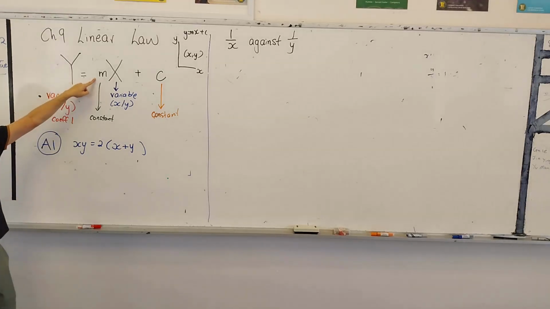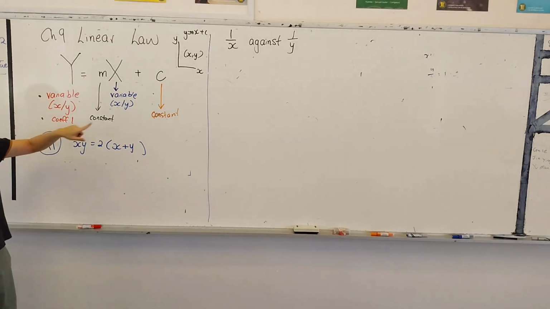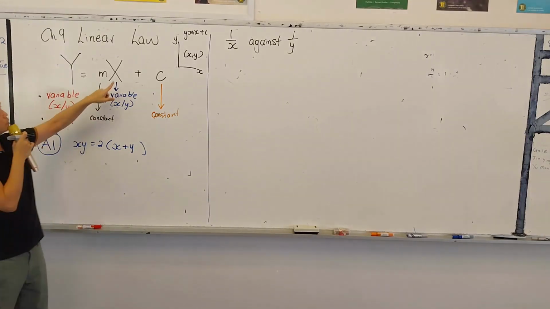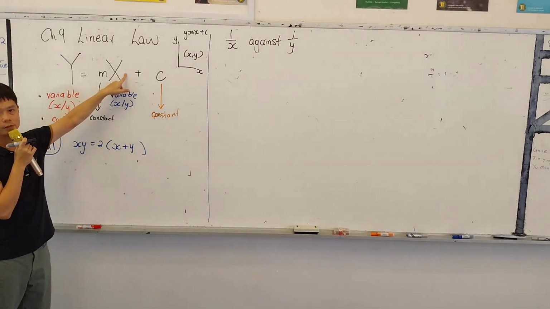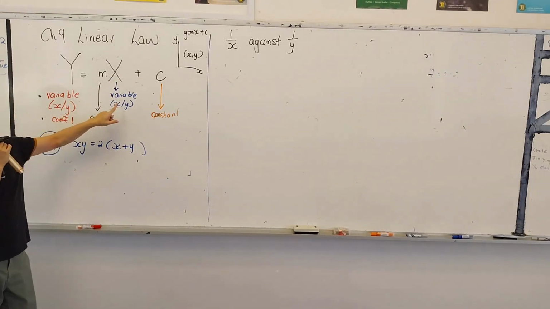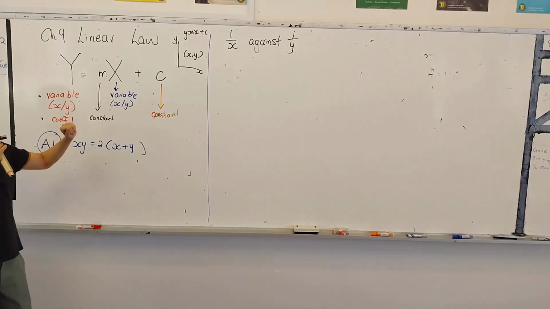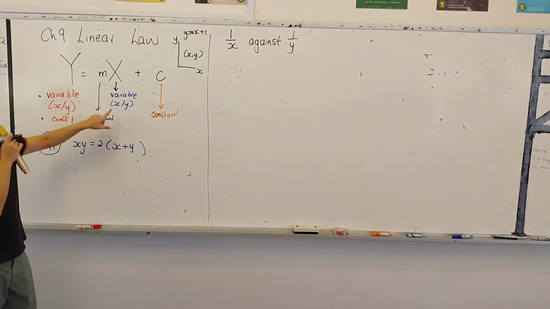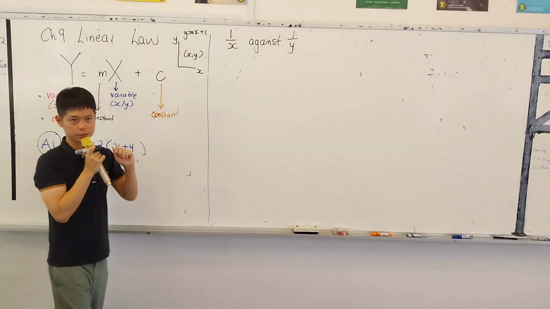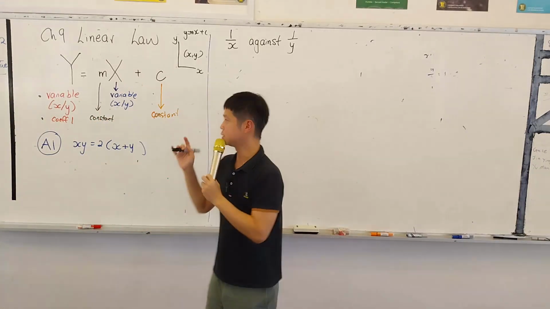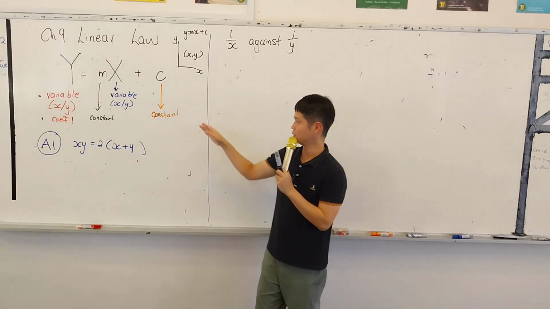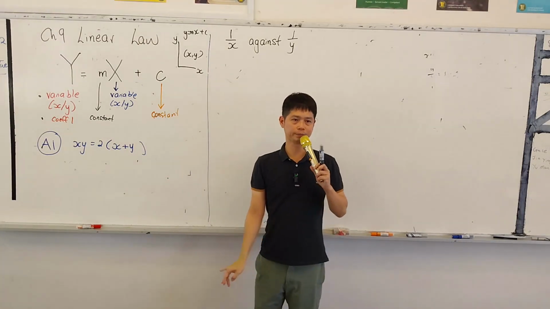Now for the gradient, it must be a constant so that it will look like a straight line. For your capital X here, it must be a variable with x or y or both x and y inside. So it doesn't matter as long as it's a variable. And finally, the last one is a constant, plus c. Now c is the y-intercept, right? It must be a constant. Okay, if you can, don't always assume c is 0.